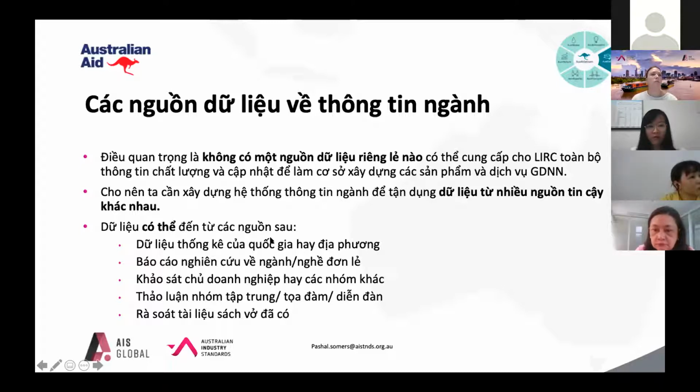There's also the surveying of employers and other groups. I want to share a bit of an, I guess, secret with you about this. The reality is that we don't use surveys very much in Australia. And if we do use them, we use them for a specific purpose.